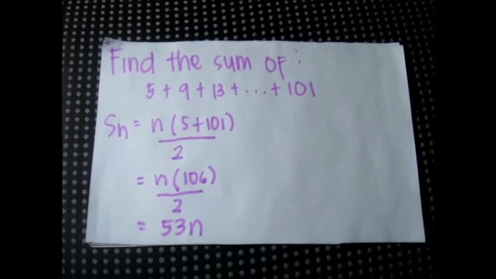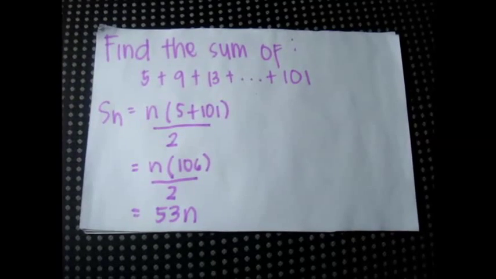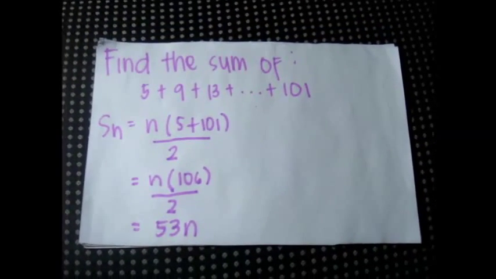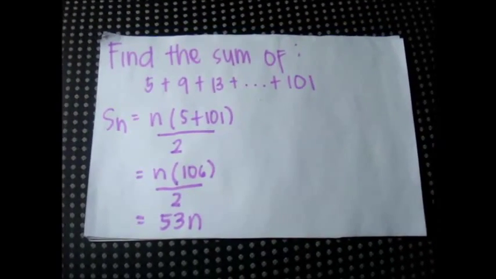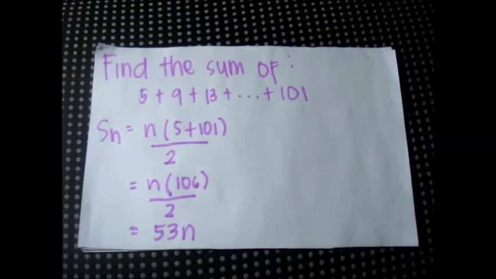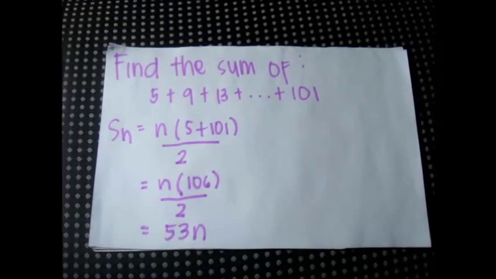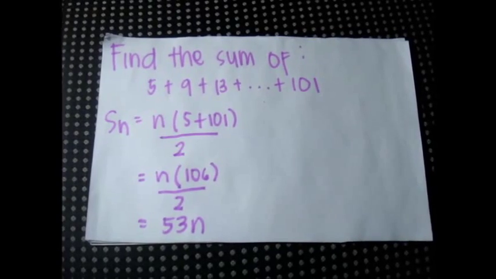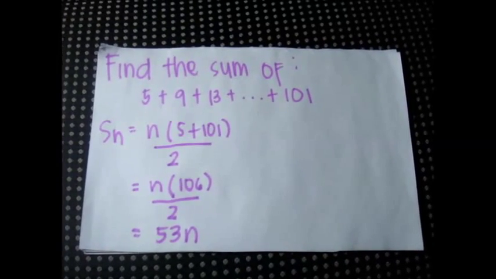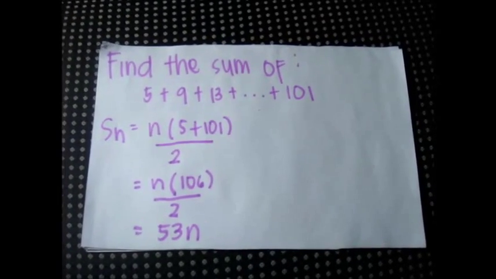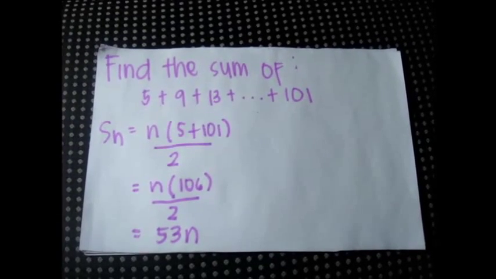Applying that to this problem, we will get S sub n is equal to n multiplied by the first term 5 plus the last term 101 all over 2, which is equal to n multiplied by 106 all over 2, which is equal to 53n.